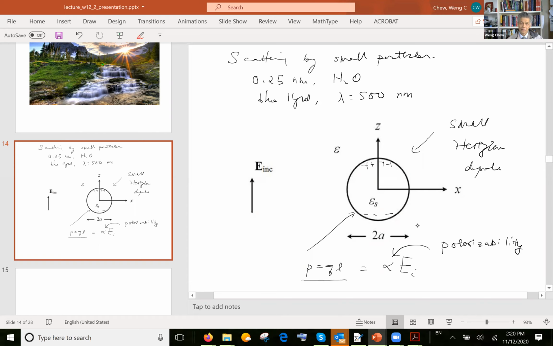And because the light wavelength is so long compared to the size of the particle, you can treat this as an electro-quasi-static problem. And you have done this in your homework. And since you have done this in your homework, the good thing is that I don't need to rederive the solution.